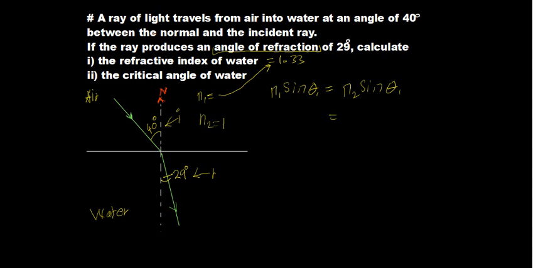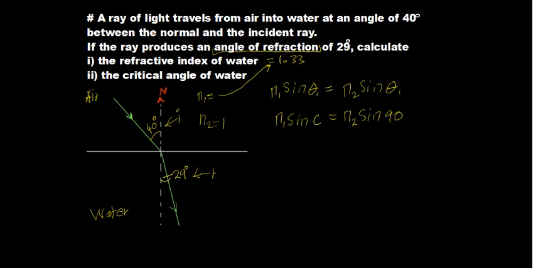I'll write this as my n2, then sine 90, because that's what I'm basically looking for. We only have the critical angle when the angle of refraction is equal to 90 degrees. Then we're going to have our n1 here, and instead of writing sine I for the angle of incidence, I'm going to write sine C, meaning the critical angle.